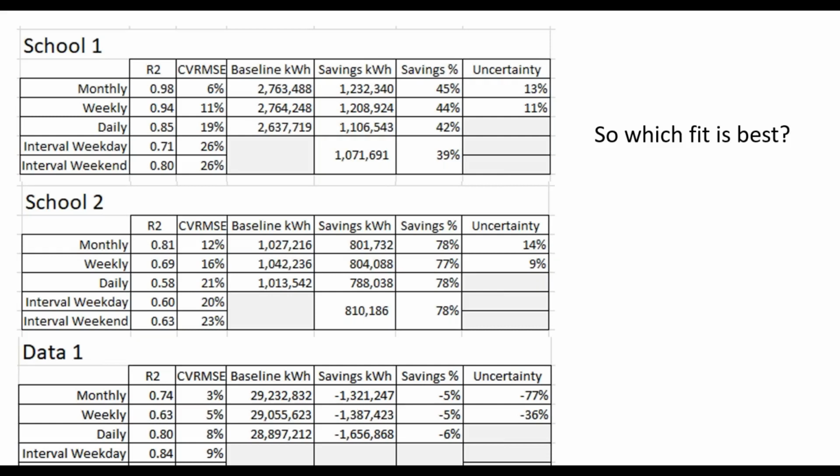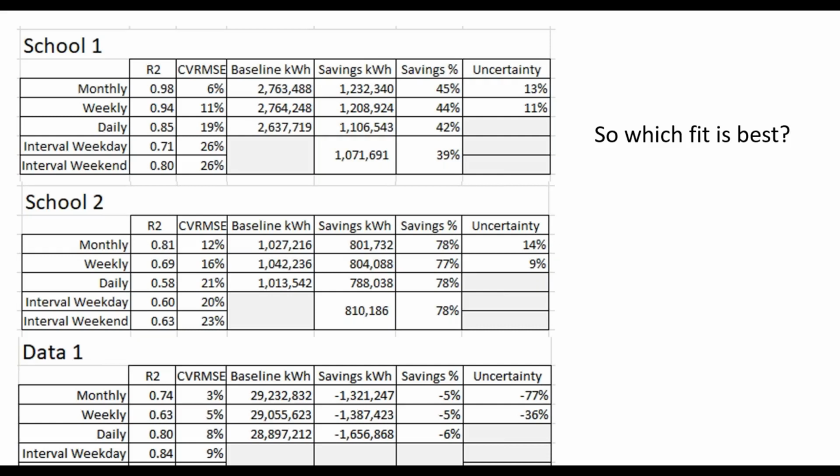Well, within the monthly, daily, weekly, probably the sensible thing would be to find the model with the smallest savings uncertainty. At the end of the day, you're banking on savings, and you want to know what your uncertainty is in that. We don't know what the interval data looks like, but looking at these trends, I only have 2 points, but 3 times they're all showing the same, that the interval data would have the lowest uncertainty.